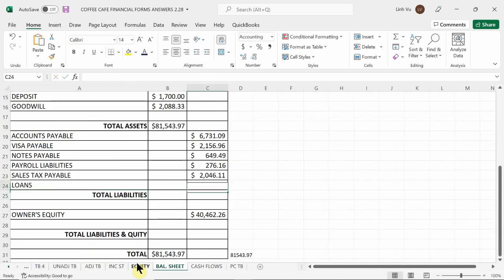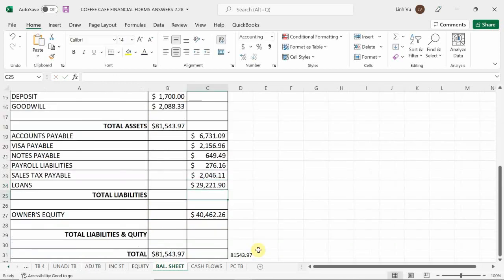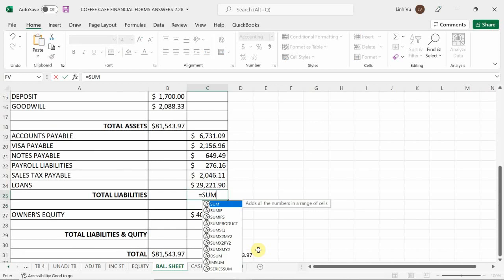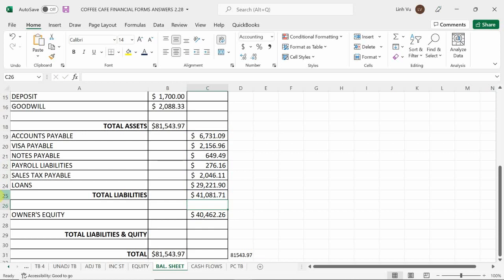I still have to pay off my truck loan, which is currently outstanding at $9,221. So let me rack up my total liabilities. Right now, my total liabilities is $41,081.71.